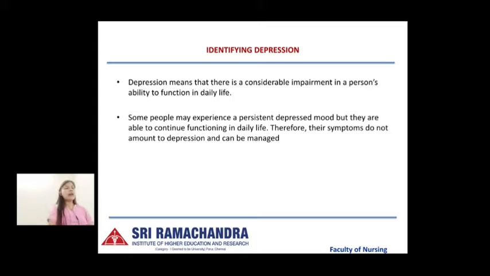When all this affects the daily activities, and she cannot control by herself, and there is the feeling of suicidal ideation, at that time it may amount to depression. But unless she can manage by herself, it doesn't amount to depression, even though the symptoms are present. But we have to find out, we have to help them, we have to counsel them, we have to give the hope for living.